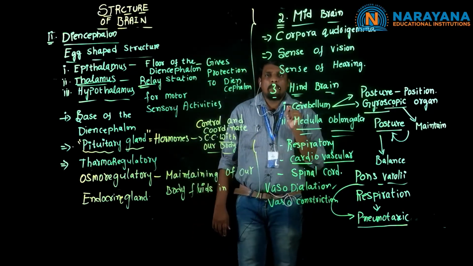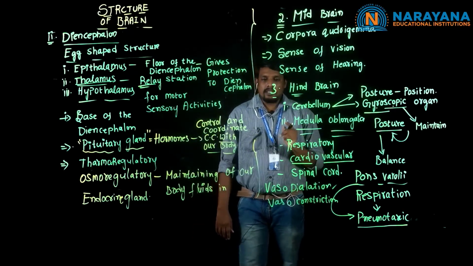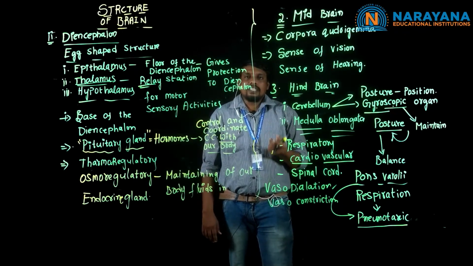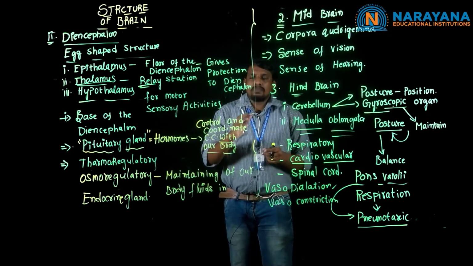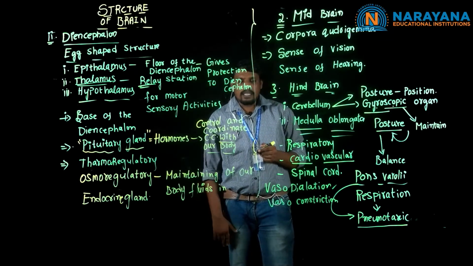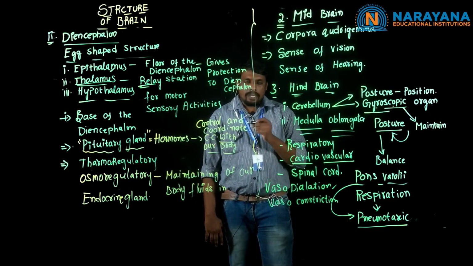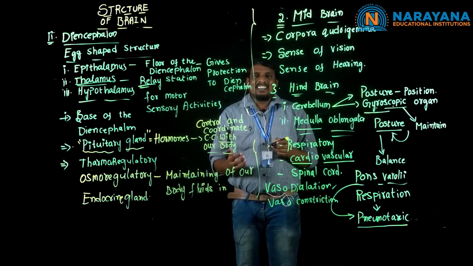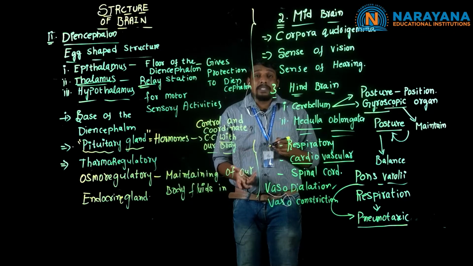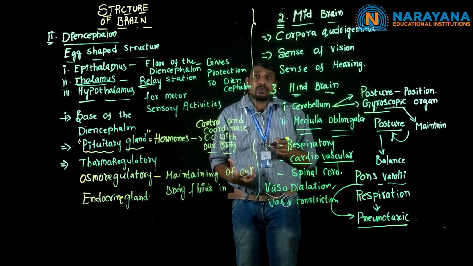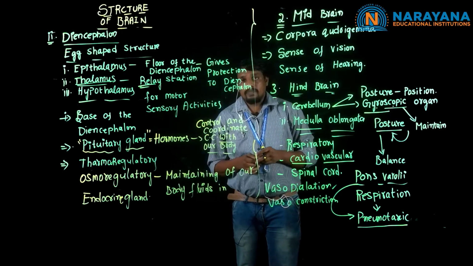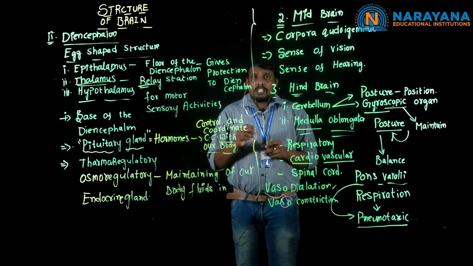Increasing of blood vessel diameter is called vasodilation. Vasoconstriction means decreasing of the diameter of a blood vessel. Am I clear? Right. Even coughing, sneezing, vomiting, heartbeat, even the heartbeat is also under the control of the medulla oblongata. Clear?